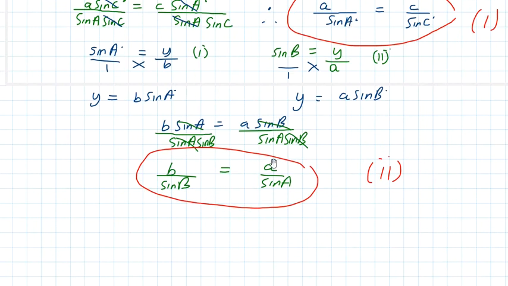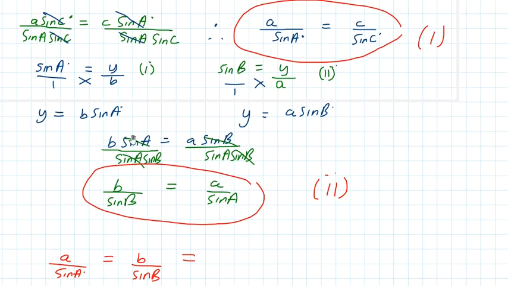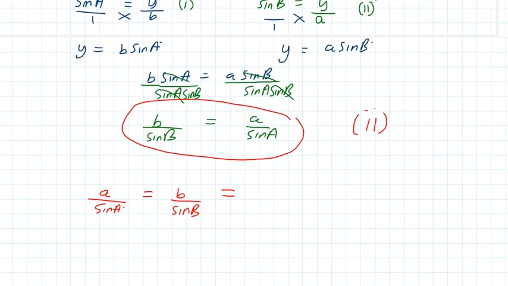The common link is a over sine A. Because that's the common link, we can deduce that a over sine A is equal to b over sine B, and we know that this is the same as c over sine C. So this is how we have derived our final sine rule.